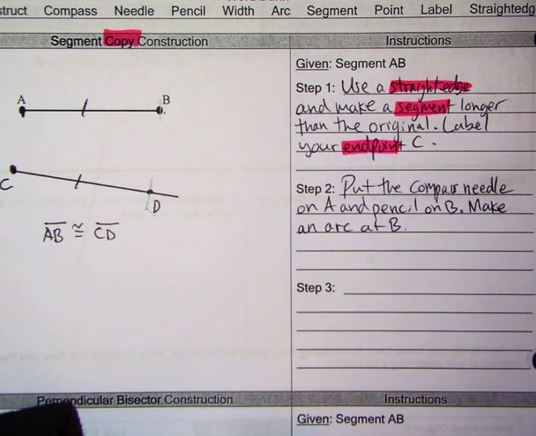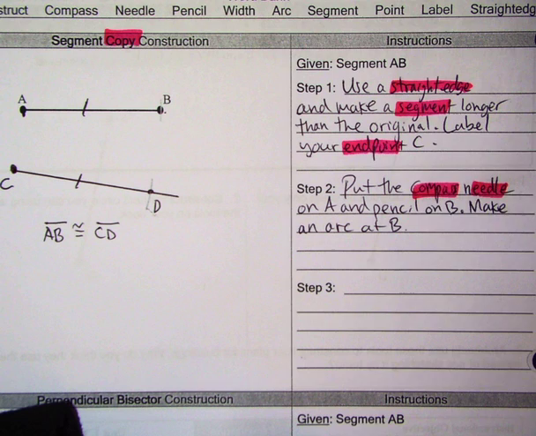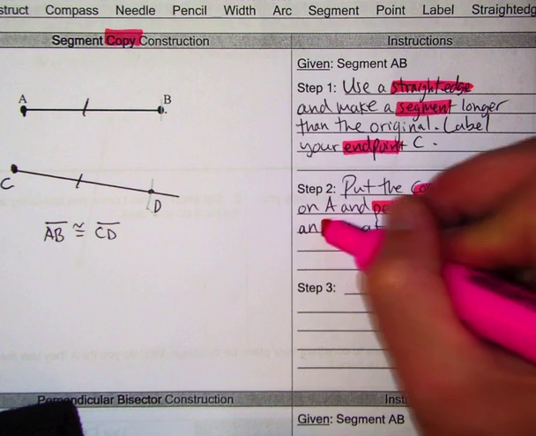So I'm making an arc at B. So notice I'm saying compass, needle, pencil, arc.